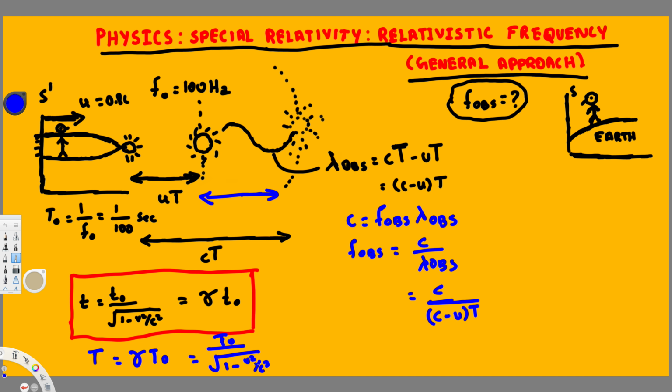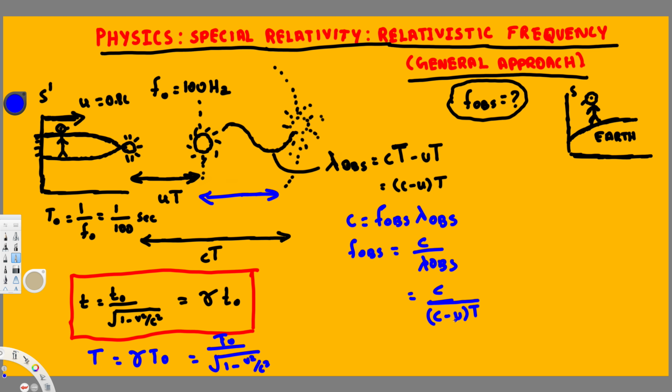Now we have this one. Now let's see how we can use this here. Since we are dealing with the period observed by the person on the earth, this is the one we are applying right here, right? Now we can also replace this t with t naught over this value, because we don't have the t available, right?